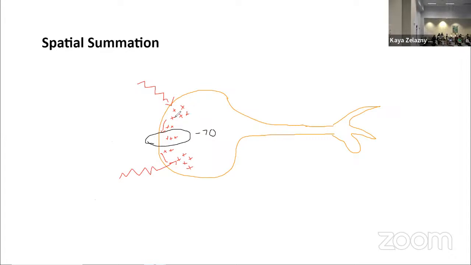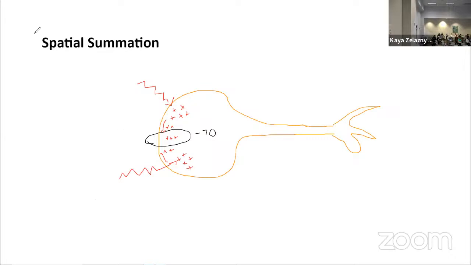I should clarify, the reason I had my numbers going down in the middle in the temporal summation and I have these ions moving down a little towards the center here, that is one of the defining qualities of graded potentials: they're decremental, they decay. So over time they fade, and also as we move farther away from the location where they hit the cell, they fade a little bit.